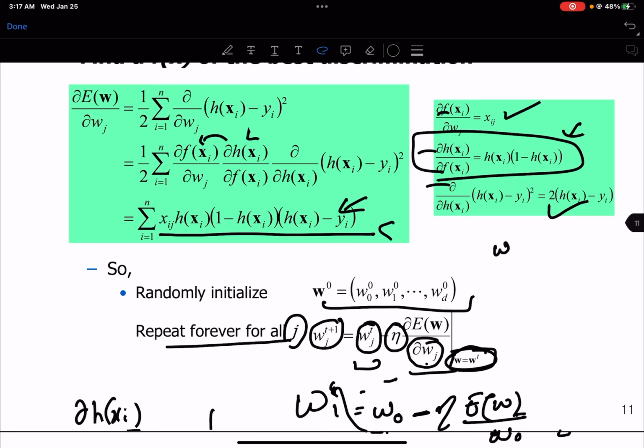So you have a current value of w naught, then you apply a learning rate, you estimate at time t what your value of w naught is, and subtract that to get your next state w1. This is how your weights are updated.